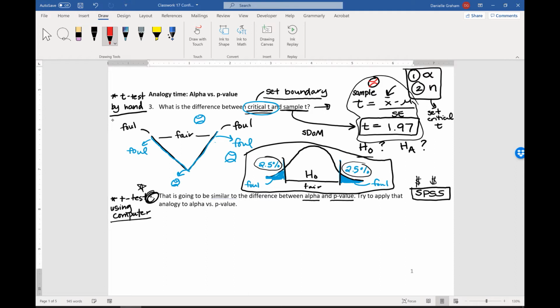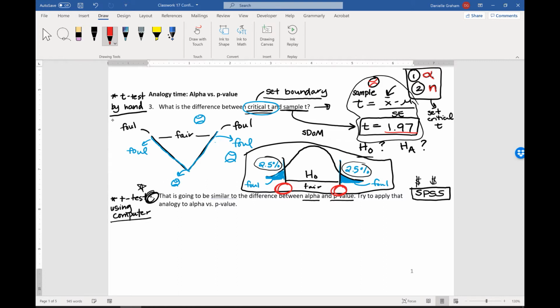So we take this sample T that we calculate, this is our baseball, and we say, okay, did this hit land in where the null hypothesis is fair, or did it land out? In this case, we would have some value that we set ahead of time based on our alpha and our sample size.